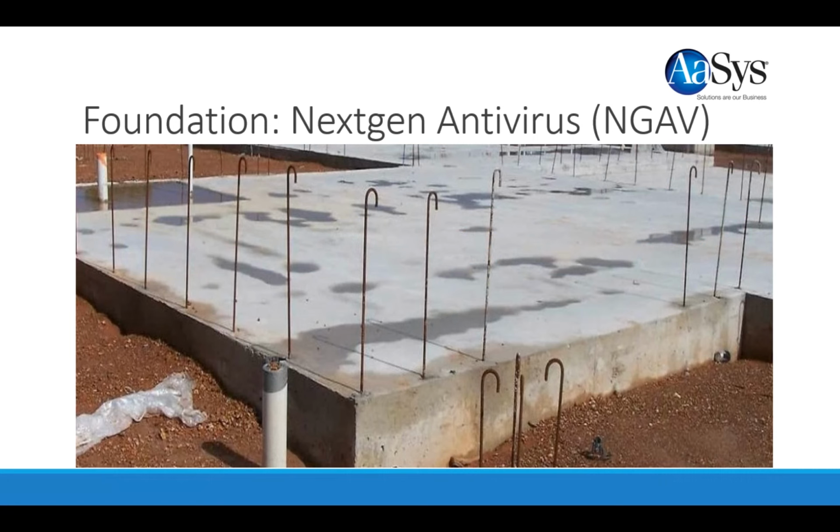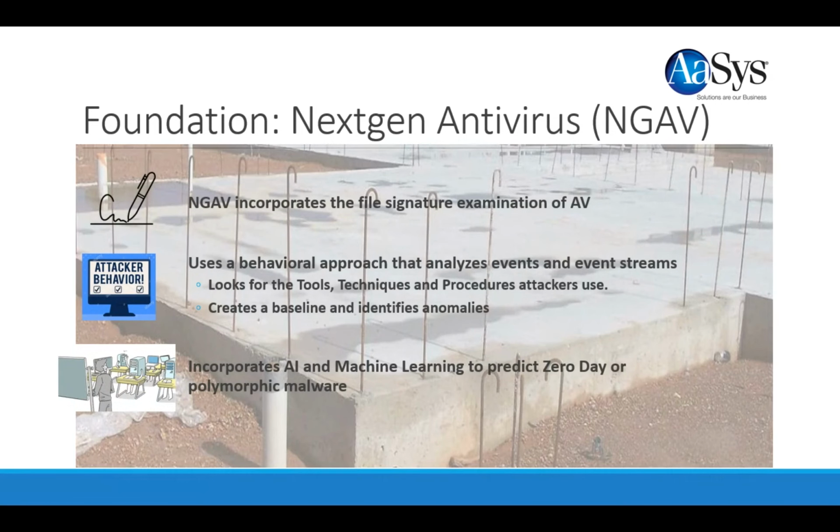So a new generation of antivirus has evolved that's appropriately named next generation antivirus. Now, next generation antivirus addresses many of the weaknesses of traditional antivirus. While it still examines files for signatures of known threats like traditional antivirus does, there are a couple of advances that make it much better. First, it looks for the tools, techniques, and procedures that attackers use to spot nefarious events.